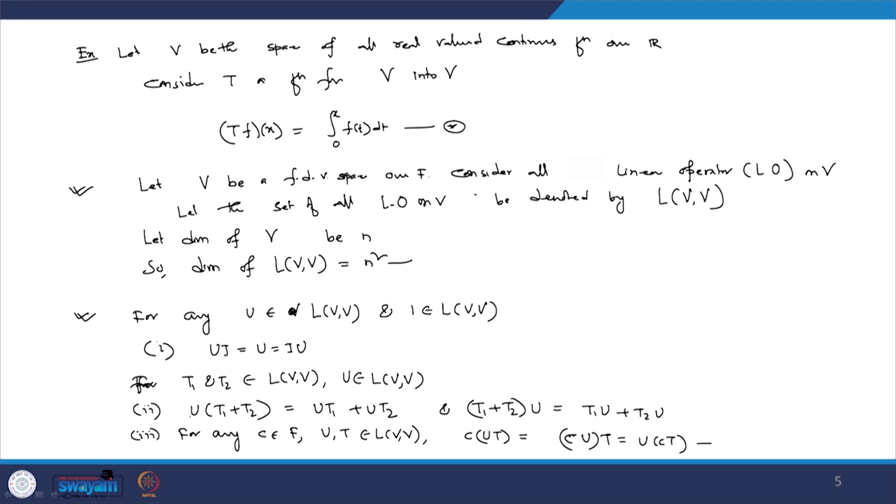I mean to say, U into (T1 plus T2) operating on any vector alpha will be equal to UT1 of alpha plus UT2 of alpha. You can check it. Similarly, you can also check the other two axioms or properties with respect to multiplication.